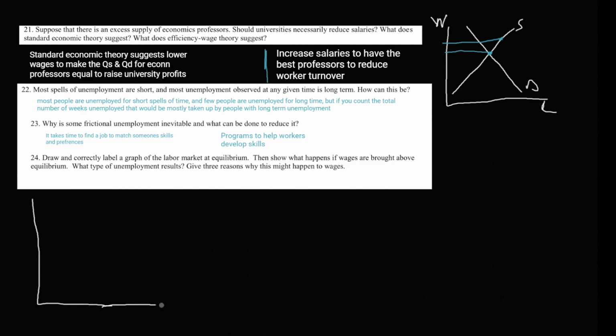So we have the quantity of labor, Q sub L. Then we have our wage. And I'll do our Q star and W star.